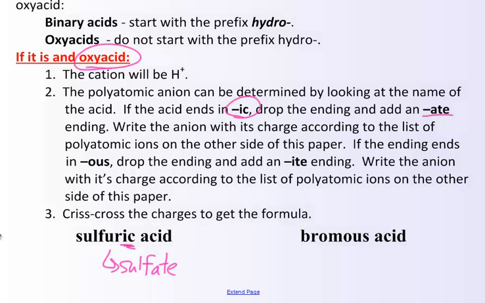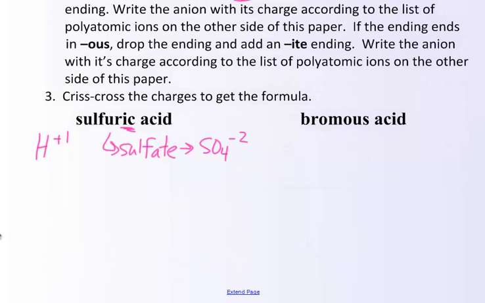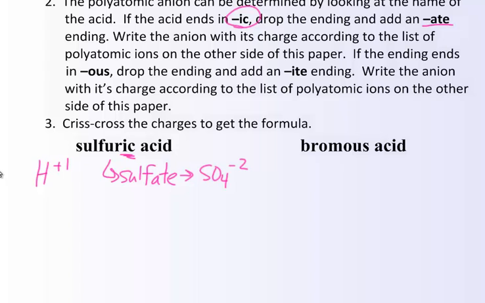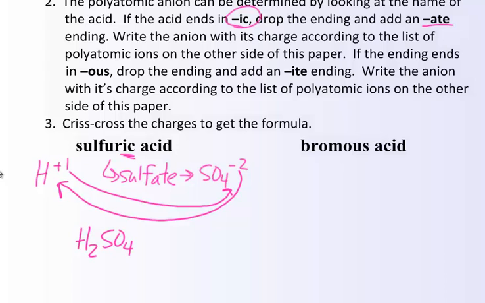And sulfate, if you look at your polyatomic sheet, is SO4, and it has a charge of -2. And of course, it's an acid, which means there's also hydrogen that has a charge of +1. So using our crisscross, our 1 is going to go here, and our 2 is going to go here. You get H2SO4 is the proper formula.